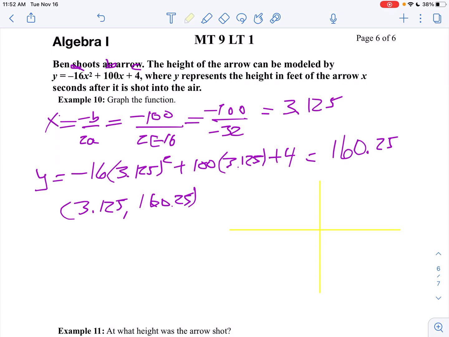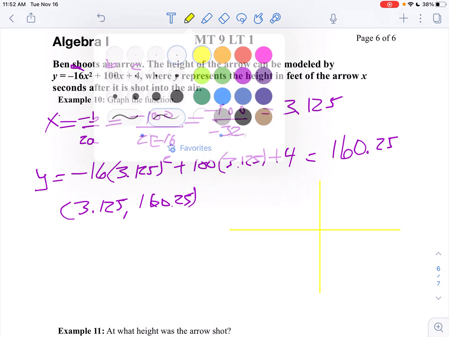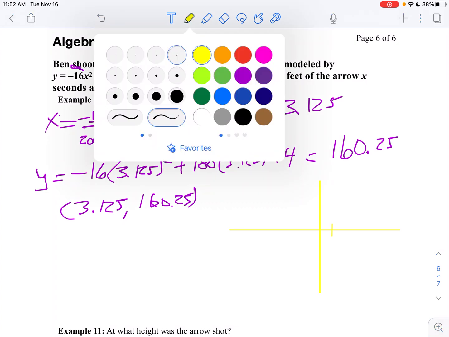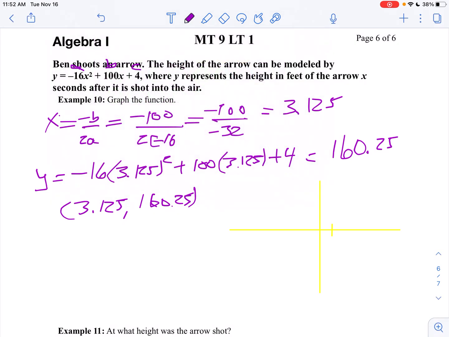So I'm going to go over about 3.125 and up about 160. So I think I'll count by hundreds. There's 100, 200, 300.